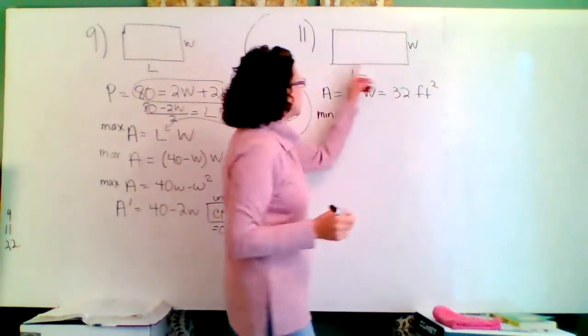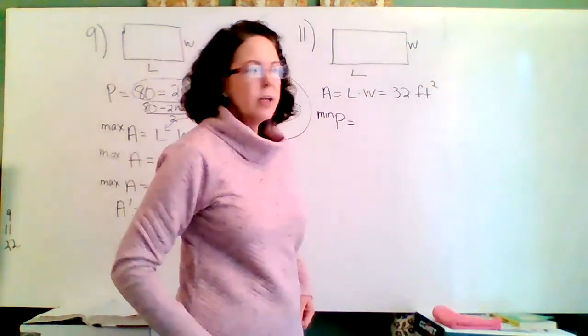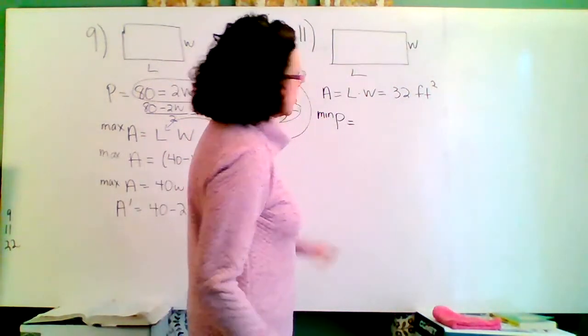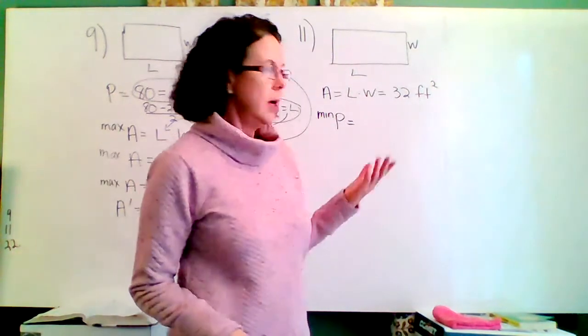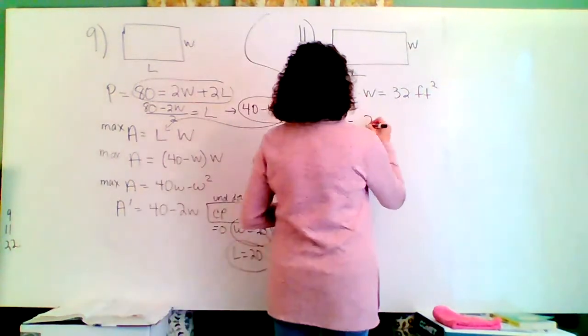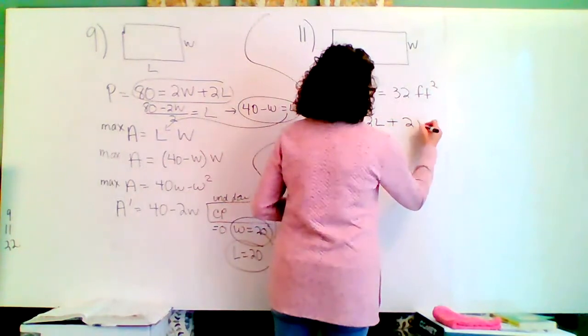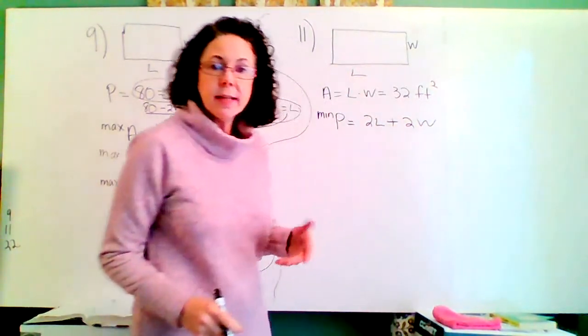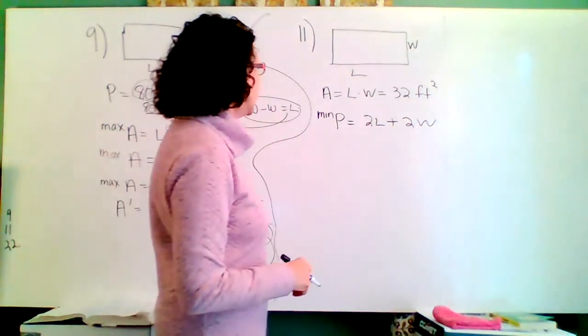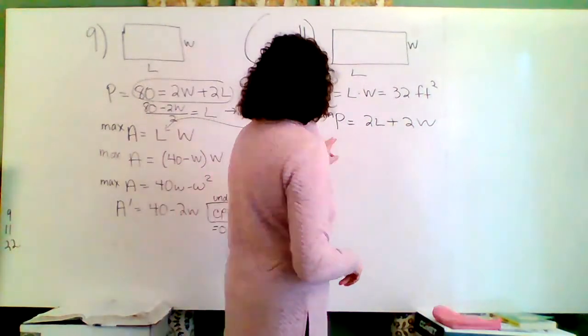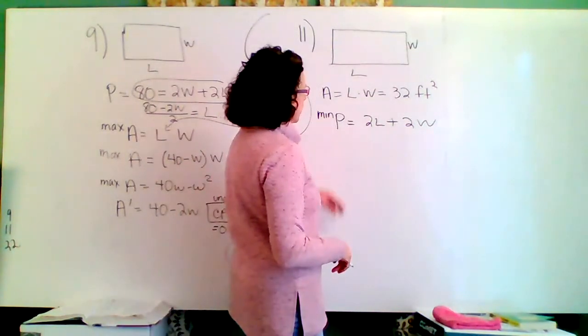Again, if this was a pen that you were making and you wanted it 32 feet squared in area, you might want the minimum perimeter, right? Because that would be fencing that you would have to pay for. So this kind of makes sense. So notice again, I'm trying to minimize the perimeter.